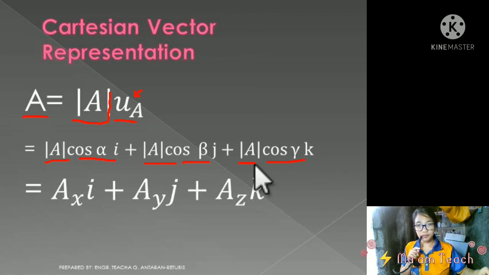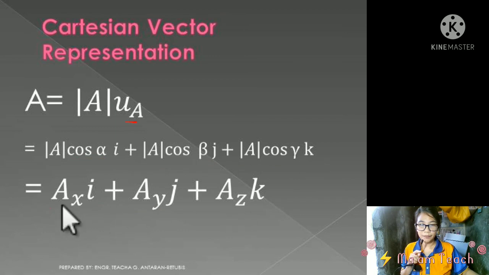And from that, class, we can now express your vector A as A sub x i plus A sub y j plus A sub z k. Which means that your A sub x, take note, that's this one. Let us first erase this part.